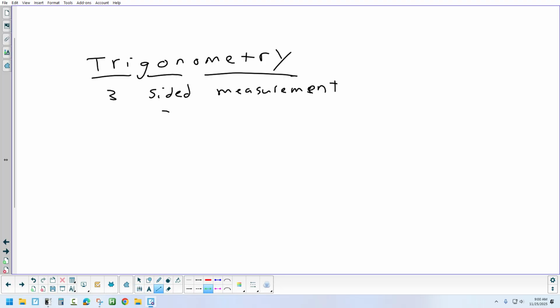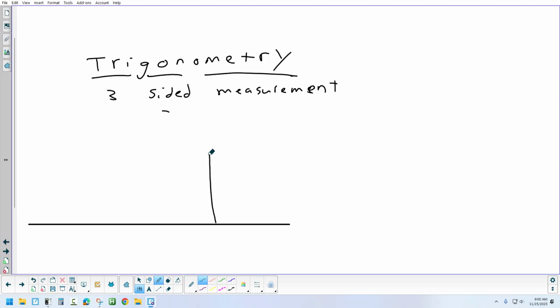All right, so say you had something where you have the ground, and then you've got some kind of structure over here, and you're standing there, and you want to calculate the height of the building. Well, if you can measure a couple things that might be easier than the height, you can use those things to find the height.